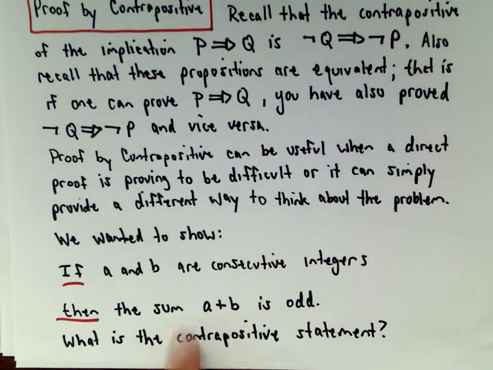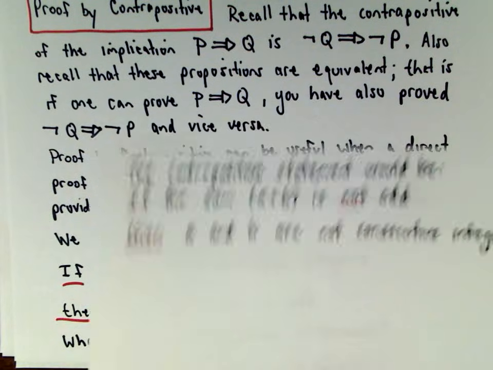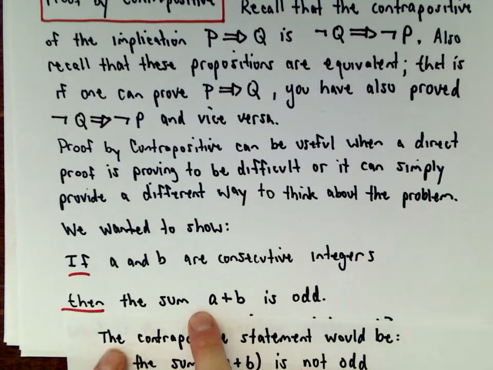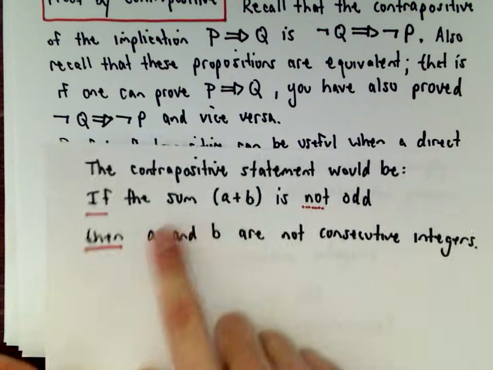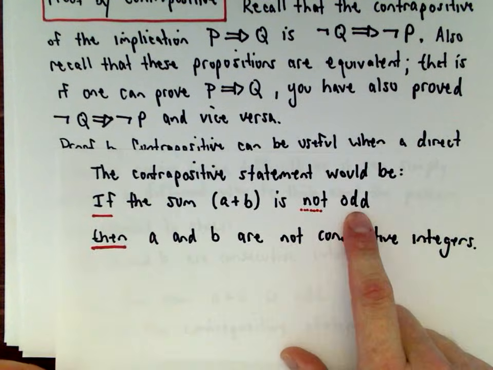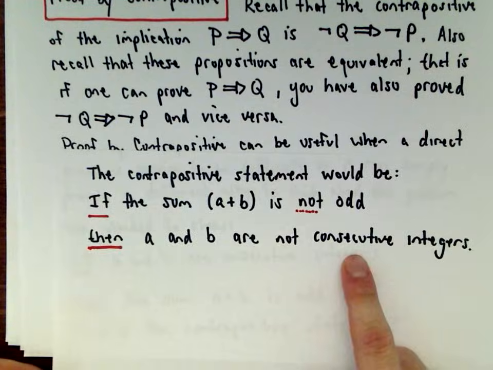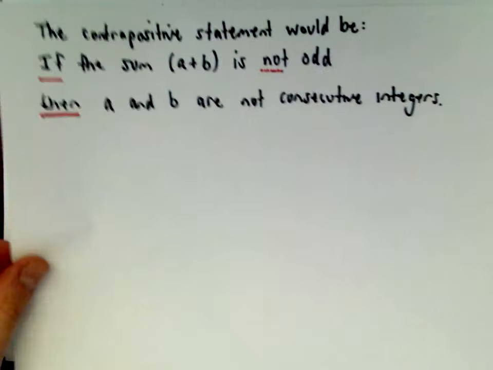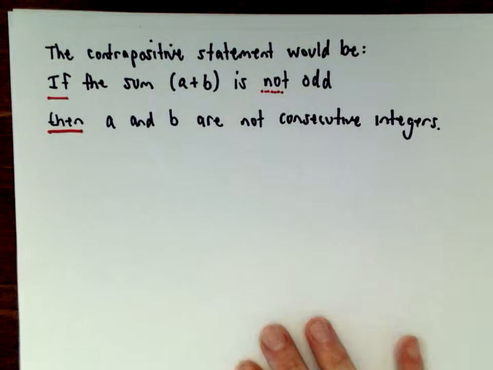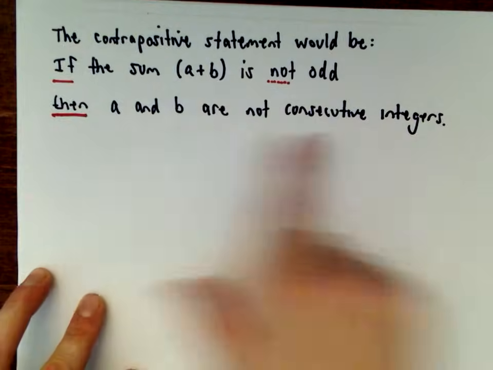That's our statement Q. So now we flip them around and we negate. Our Q goes first, and we put a not in front of it. If the sum of a plus b is not odd, then a and b are not consecutive integers. That's going to be our contrapositive, and we're going to try to prove this if-then statement.